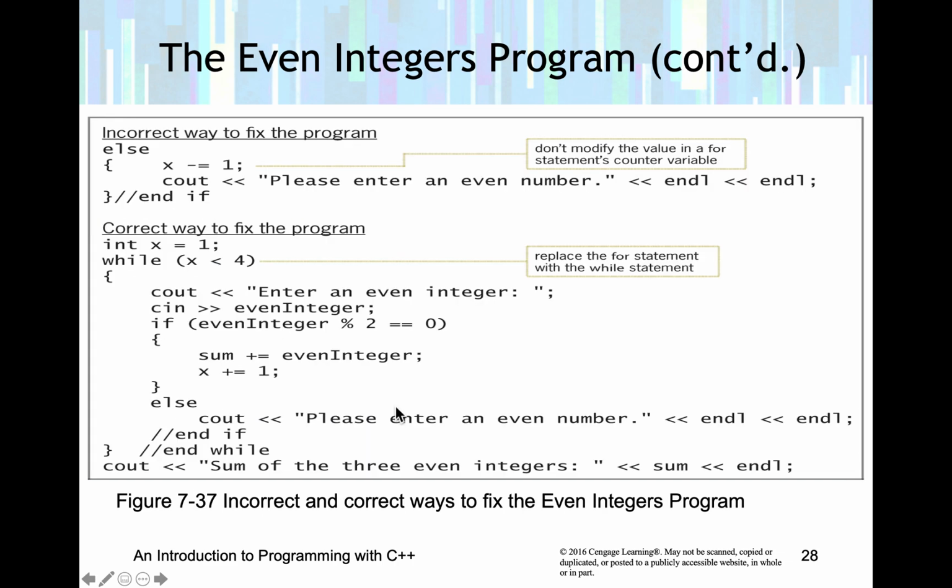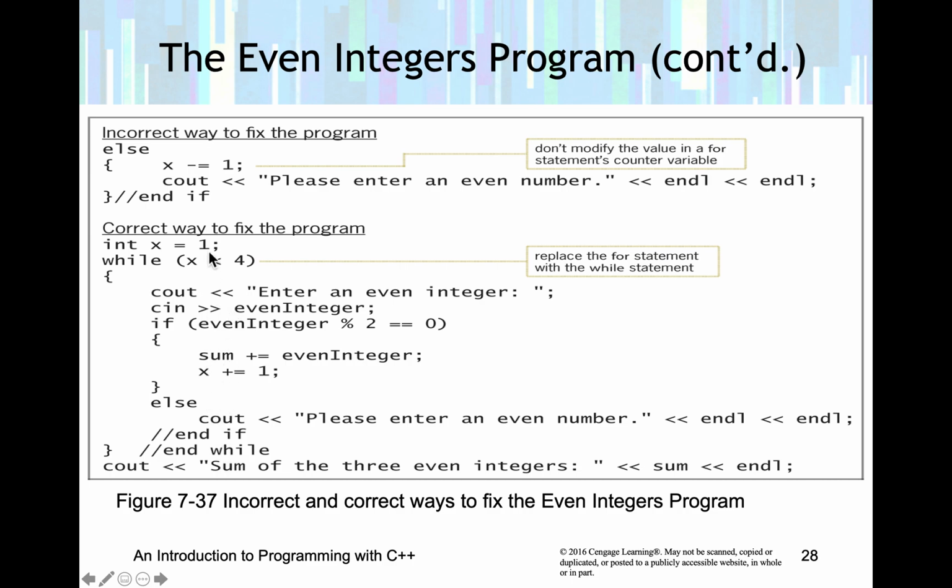So the way that we can change that is by using a while loop and having a counter. And so what we're going to say is, while x is less than 4, so we want to count, and we only want to count if it's an even number. So you have here, if it's an even number, go ahead and increment x by 1.